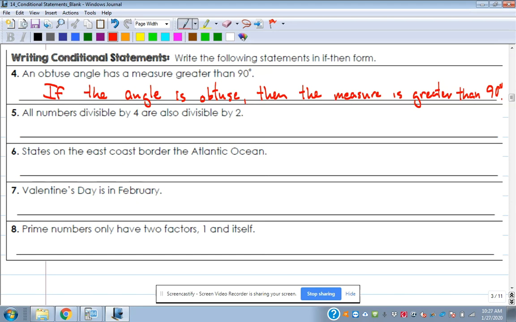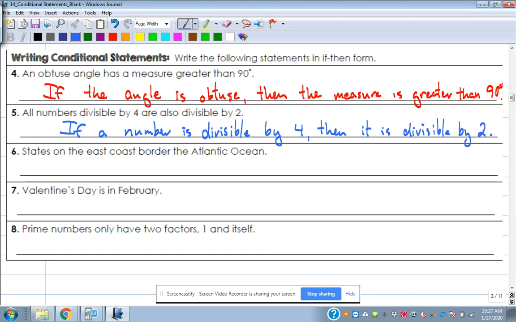Number 5, all numbers divisible by 4 are also divisible by 2. Okay, so what is the hypothesis for that? If a number is divisible by 4, then it is divisible by 2.